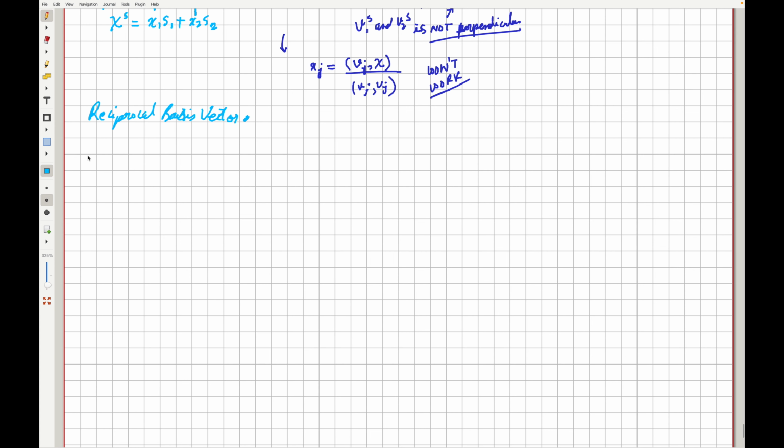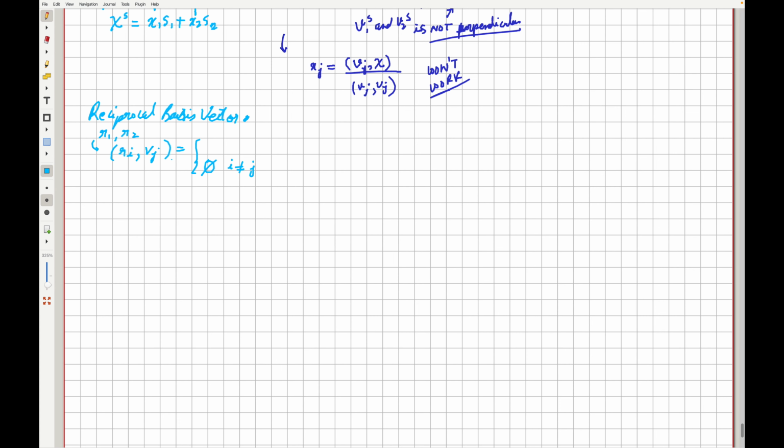So let's look at this now. Let's say we define a new set of vectors r1, r2, such that if we dot any r with the v's, then we get a 0 if i is not equal to j.